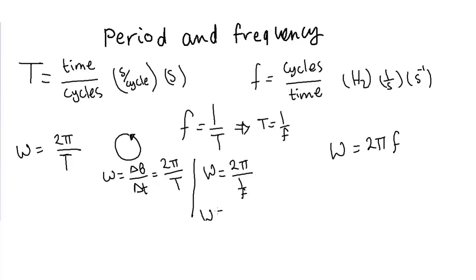Omega equals 2 pi divided by 1 over f. This equals 2 pi, and instead of division I will multiply and reverse the numerator and denominator of this fraction, so it's going to be f over 1, or f. So omega equals 2 pi f, or omega equals 2 pi over T.